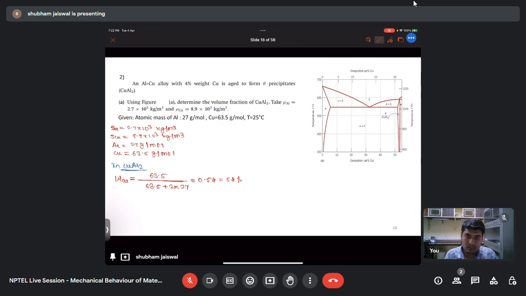Is it not? Now if I calculate that for aluminum, what will I get? It's a similar thing, we just need to replace it with aluminum. So we'll get 0.46, or 46 percent. Now we need to calculate the density of CuAl2. So what will we do? We'll consider the unit mass.